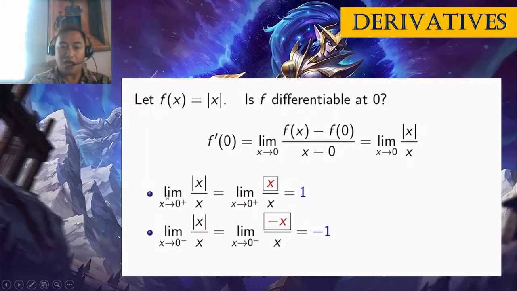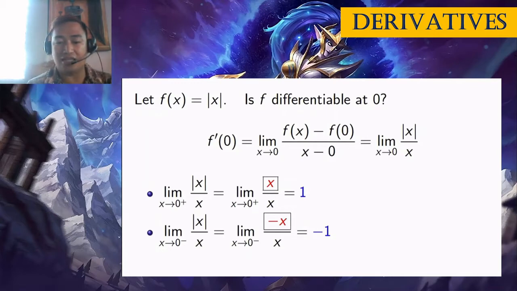Kung sa right hand limit, ang absolute value ni x mahimo ra siyang x kay positive man ang mga x. So x over x which is equal to 1. And diri sa left side sa 0, kay mga negative man ang x, dapat ang atong absolute value of x kay negative x, para ma-positive siya.